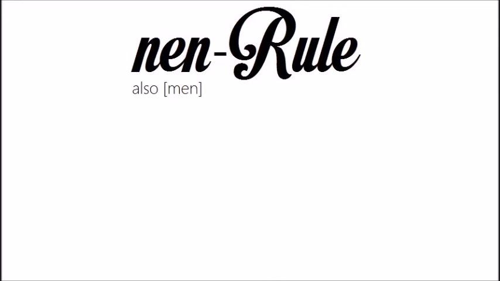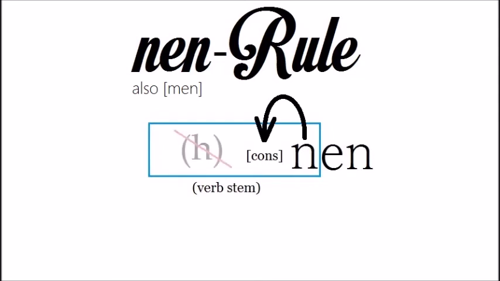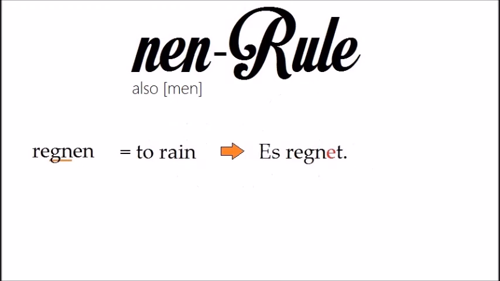Together with the DTTT rule, I usually explain another simple rule. If a verb stem ends in an n, and before that is another different consonant, except for a silent h, this becomes hard to say, so we add an e, just like before. There might just be a dozen of verbs in total that have this. The most common are regnen, to rain.